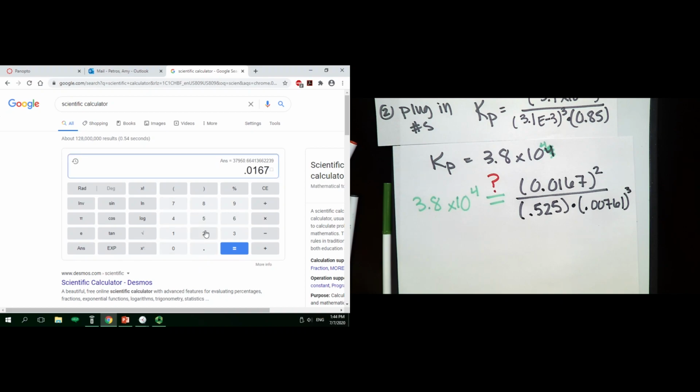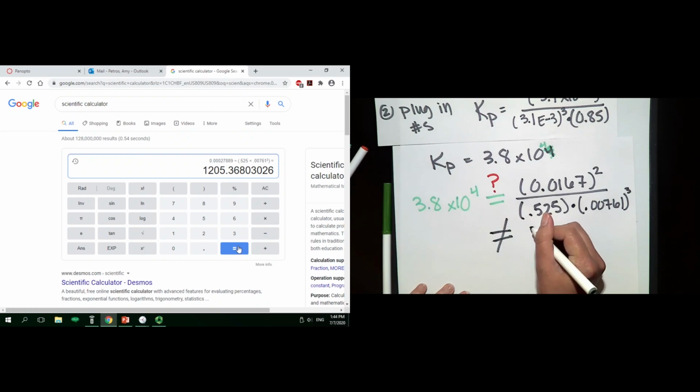All right, 0.0167 squared divided by, parentheses, 0.525 times 0.00761, and that one is cubed. Oh, this is not equal.